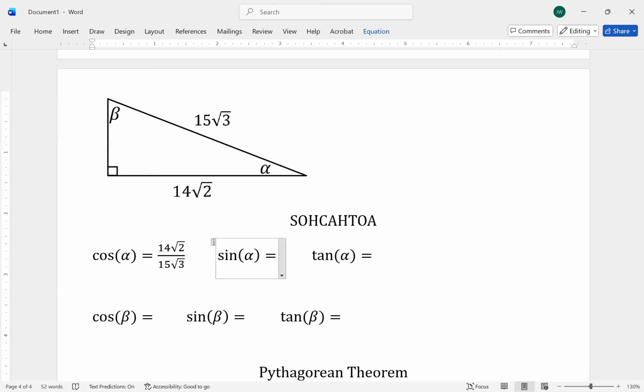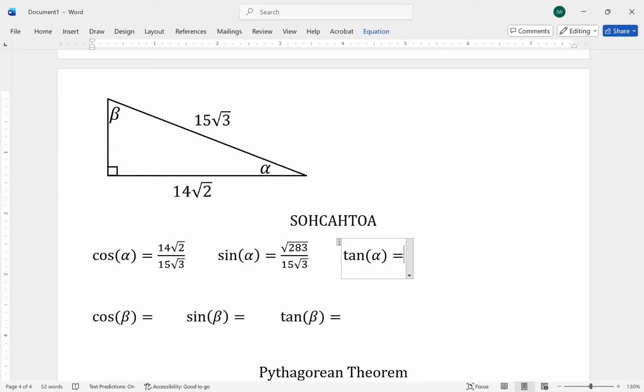Sine of alpha is going to be the opposite side. That's the square root of 283 that we just found, divided by the hypotenuse, which is 15 times the square root of 3. I'm going to leave it like this. Obviously, most platforms may want a rounded version of that answer.